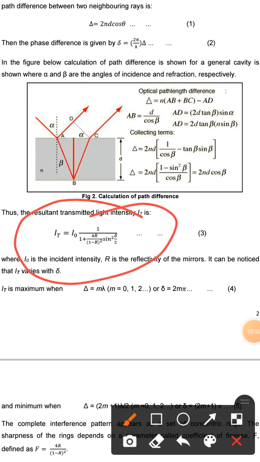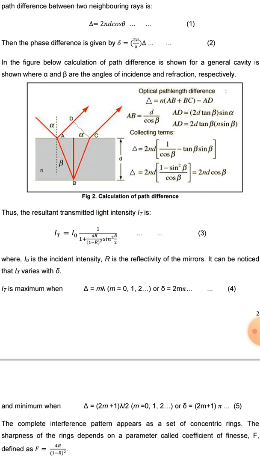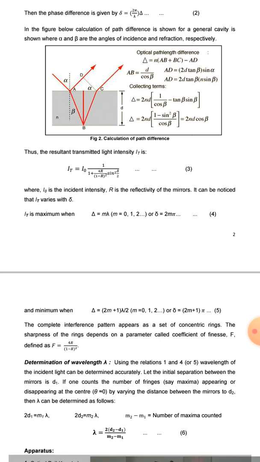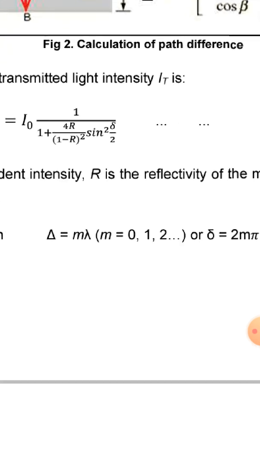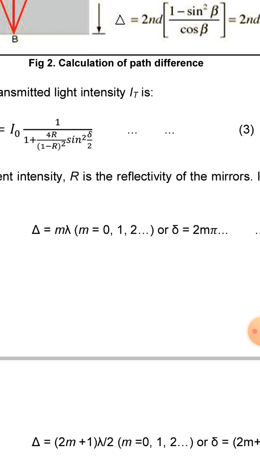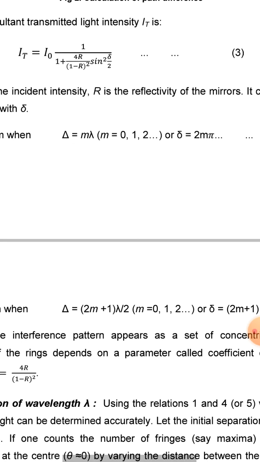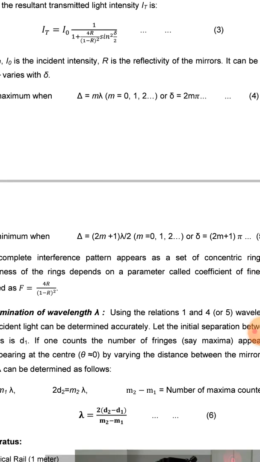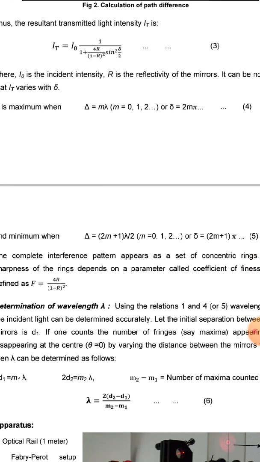So it is very clear how intense the light we can get from this mirror. Here we can see that the path difference delta equals m lambda, where m is a multiple 0, 1, 2 and so on, and the phase difference must be a multiple of 2 pi.